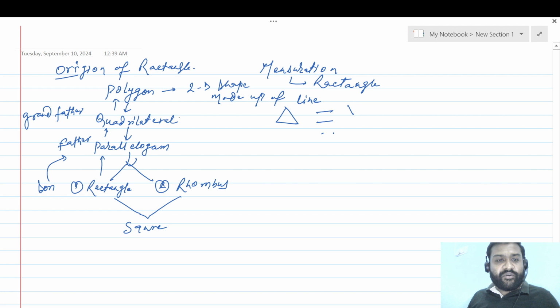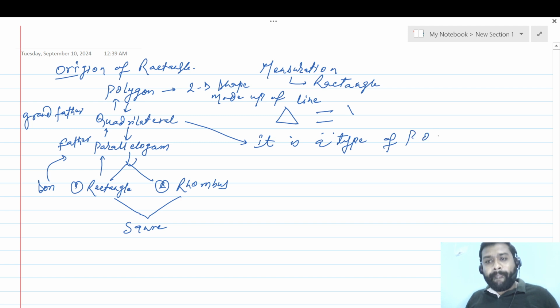Now we are talking about quadrilaterals. I told you the son is the rectangle, then we move towards the father, then the grandfather, and then the upper one.